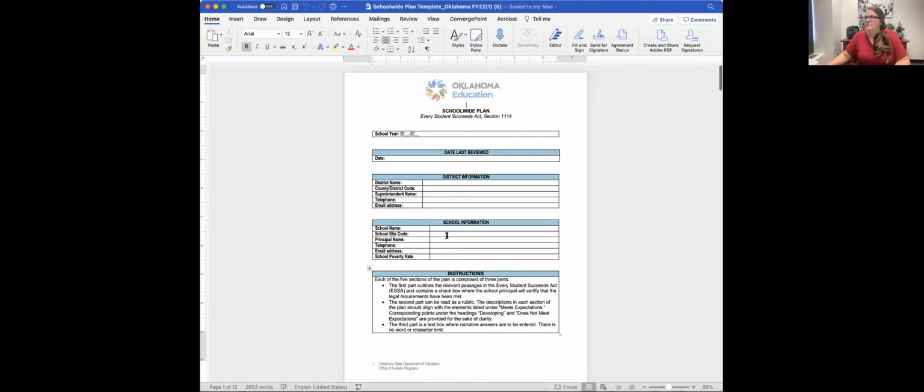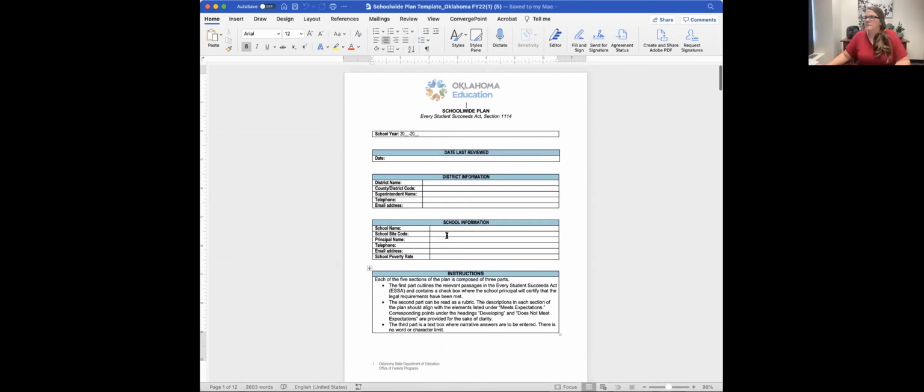We're going to focus on that meet expectations area and how you might get that highest level when you complete your plans. And then the last page for each area, so there's a setup like that for each section of the plan, is just a text box for you to write in your narrative answer.